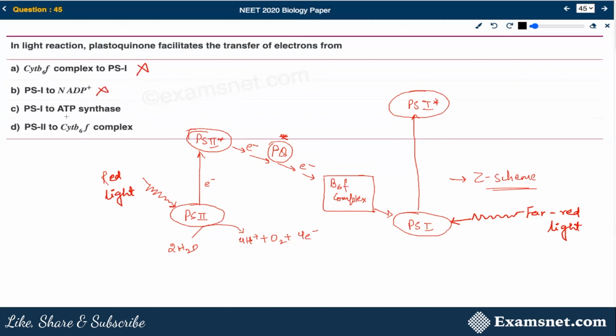PS1 to ATP synthase? No. Then PS2 to cytochrome B6F complex? Yes, this is the case. So our correct answer will be PS2 to cytochrome B6F complex, like this. All right. So this is the case.